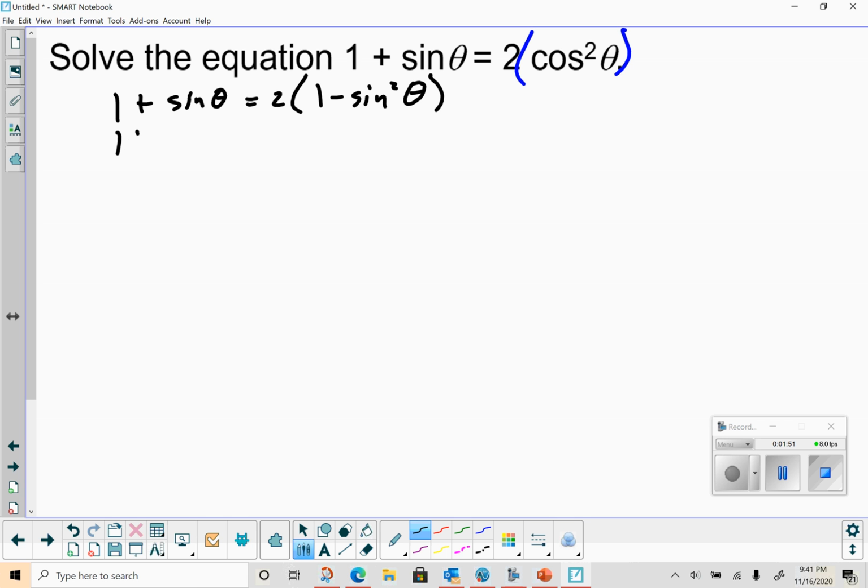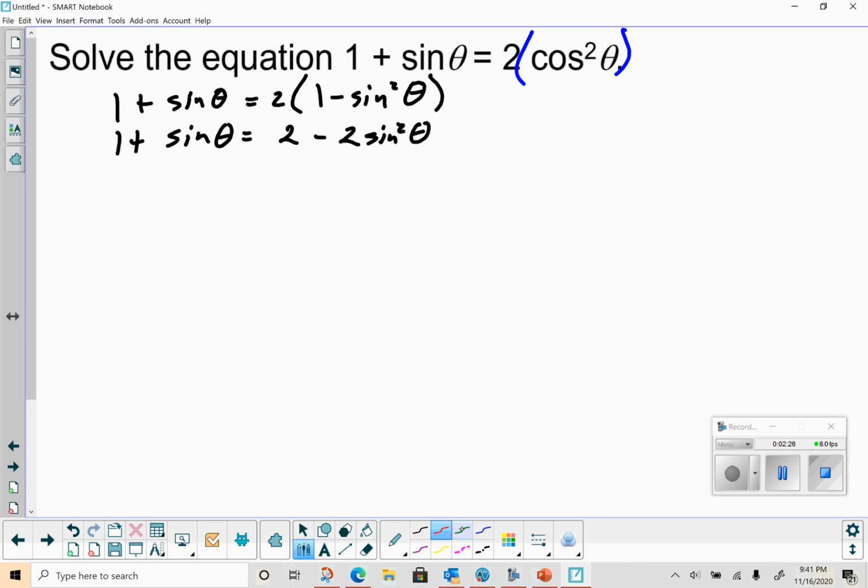Do the distribution, don't get lazy. Now, if you look at this, again, like we saw in section 4, we've got a squared term. So this is in the form of a quadratic equation. In order to do that, we have our standard 5 steps. Step 1, we set it equal to 0.